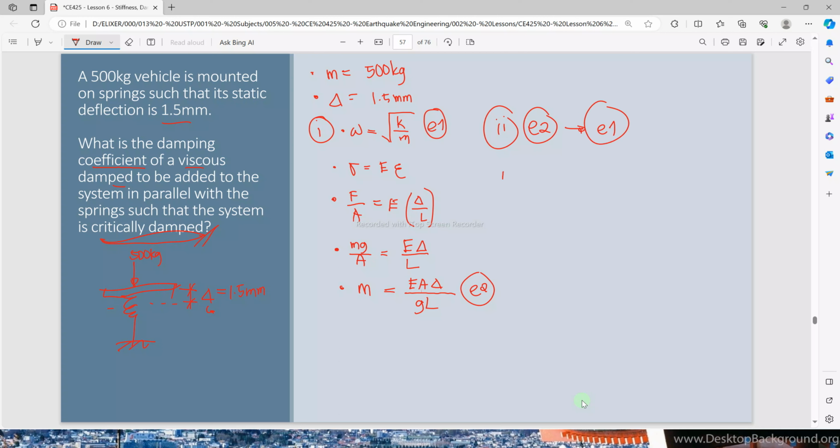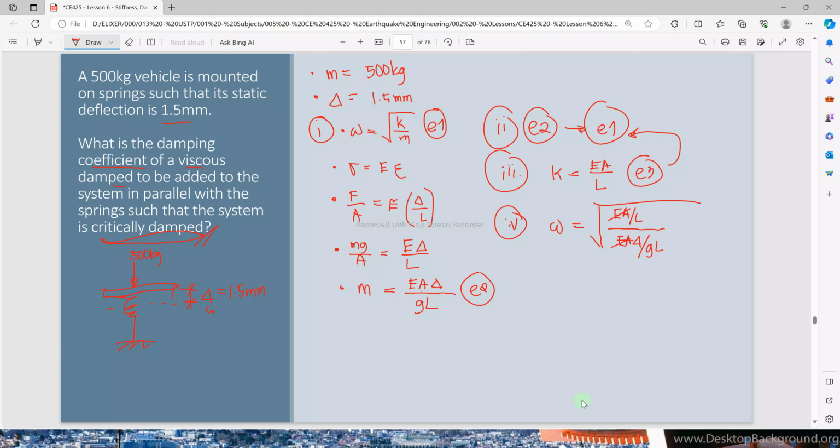But let's have another equation in terms of the stiffness K. Stiffness K is equal to EA over L. Let's say this is our equation 3, and then let's substitute this again into equation 1. So we will have our natural frequency equal to the square root of K over M, or EA over L over the mass, which is equal to EA delta over gL.